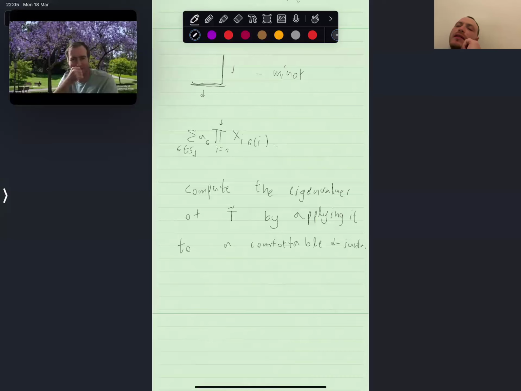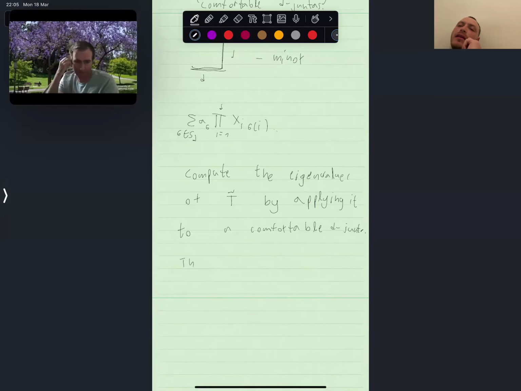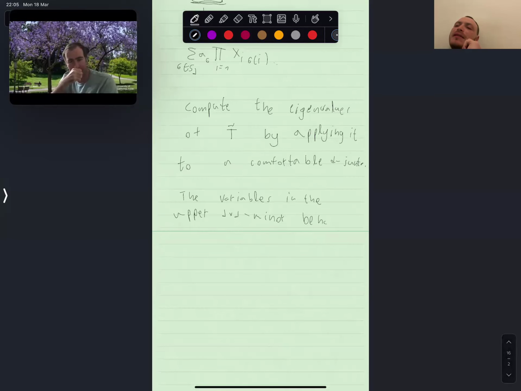And then the intuition is that the variables in the upper D times D minor behave like independent Gaussians.